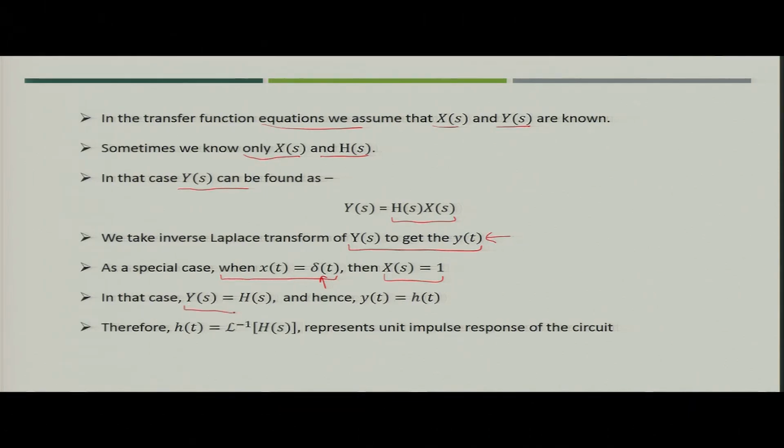In that case you will say Y(s) is equal to H(s), and therefore, the inverse Laplace transform on both sides will give you y(t) is equal to h(t). So, h(t) is nothing but the inverse Laplace of the transfer function. So, this represents the unit impulse response of the circuit. When it is excited by a unit impulse function, the transfer function will give you the unit impulse response of the circuit.